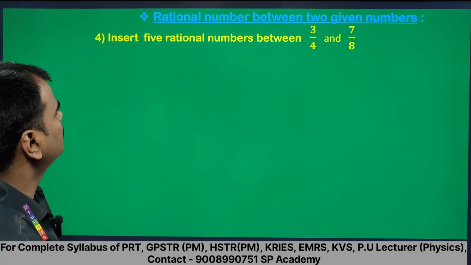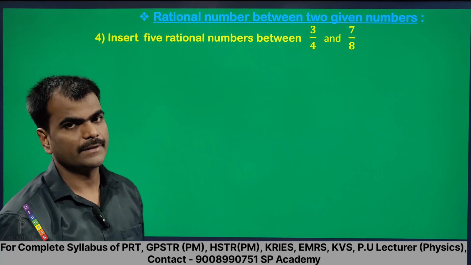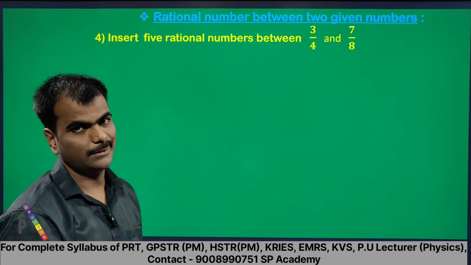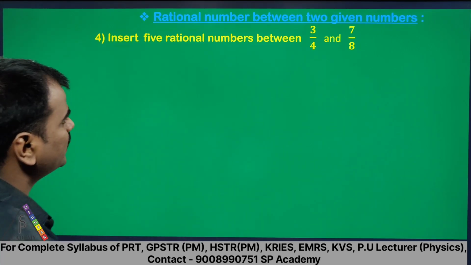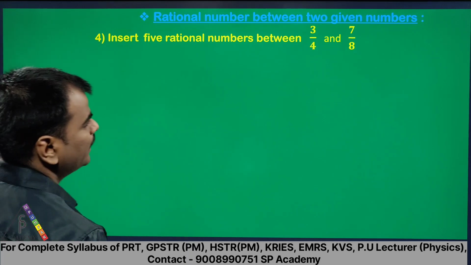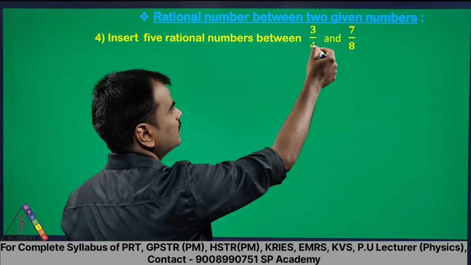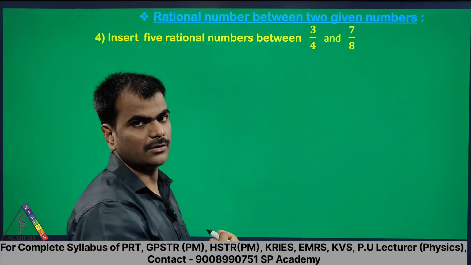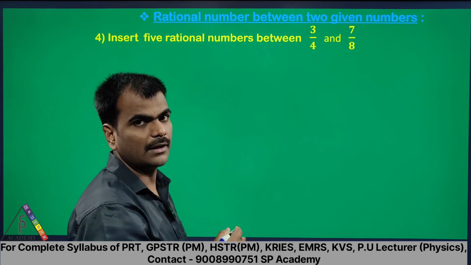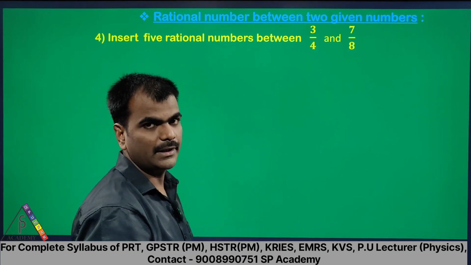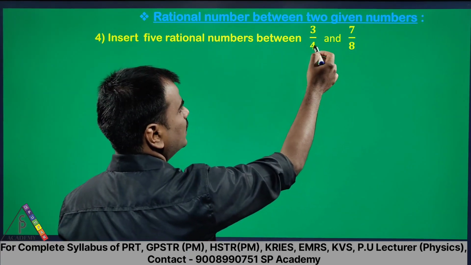Next we will find five rational numbers between 3 by 4 and 7 by 8. For this, another method is we make the denominator of the rational number with the lower value the same as the denominator of the other rational number. Here there is 8, so we must make this 8 also.